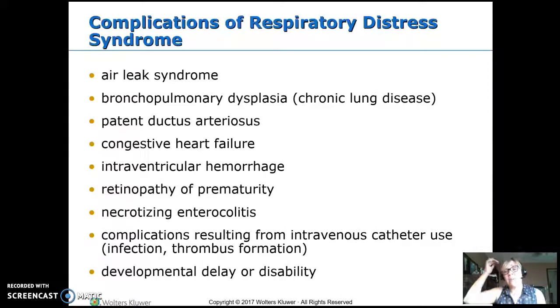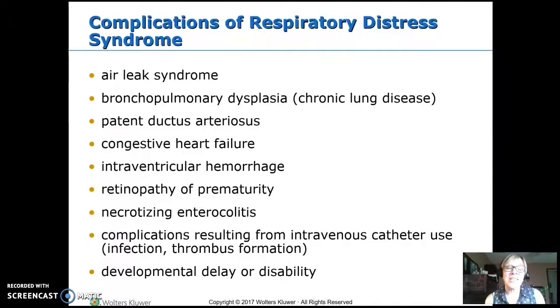Intraventricular hemorrhage: this is the ventricle in the brain where CSF is made, so that cerebral spinal fluid should be made in the ventricles. It comes out, bathes the brain and the spinal cord, goes back and is absorbed at the same rate that it's made. The change in pressure before the vessels are really mature, because it's a preterm baby, right? And the change in oxygen, because in utero, a baby's at a little lower partial pressure of oxygen in the blood.